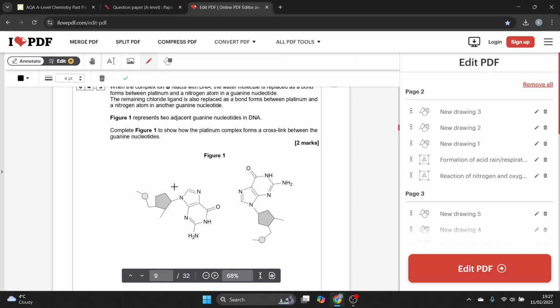Show how the platinum complex forms a cross-link between the guanine nucleotides. I've got the cisplatin, so I've got Pt, NH3, H3N, NH3, H3N. I've got nitrogen with a lone pair of electrons here, nitrogen with a lone pair of electrons here. Boom, going to there. Boom, going to there.